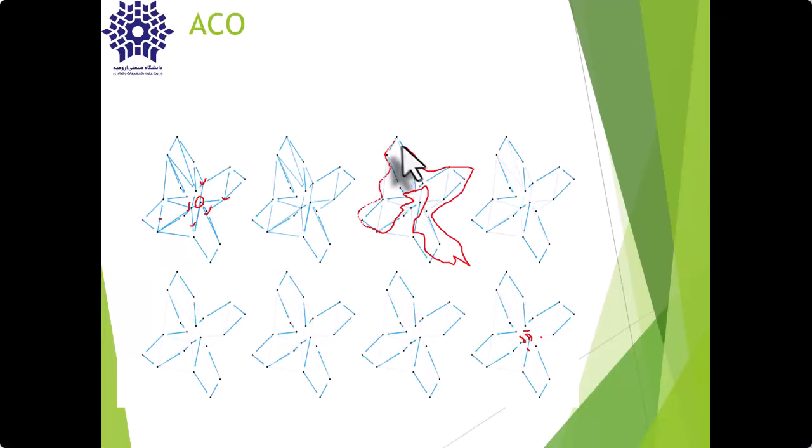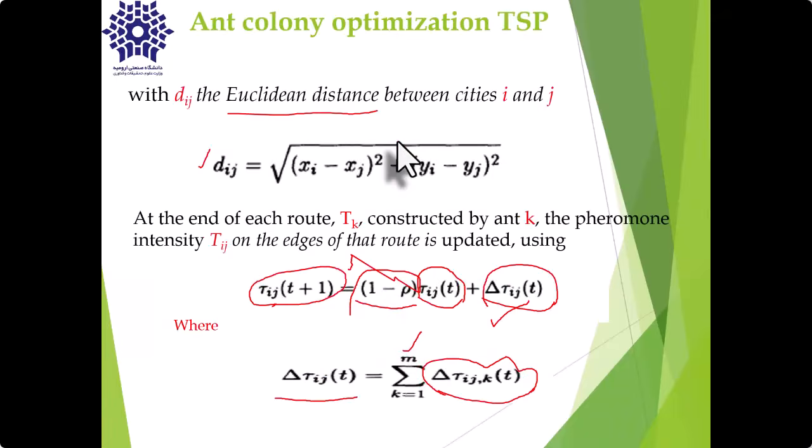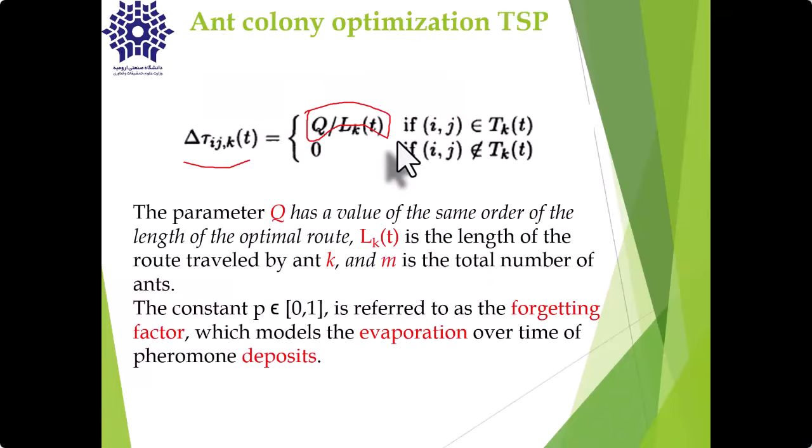But if the ant travels the shortest path, the amount of tau spread on the edge between city I and city J is high. So the amount of pheromone spread on the edge is Q over L, where L is the length of the optimal route. The parameter Q has a value of the same order as the length of the optimal tour.